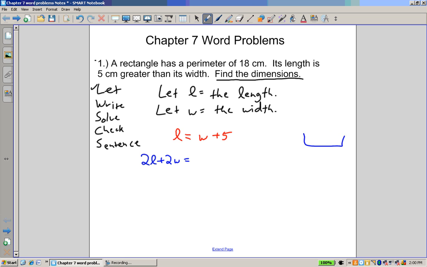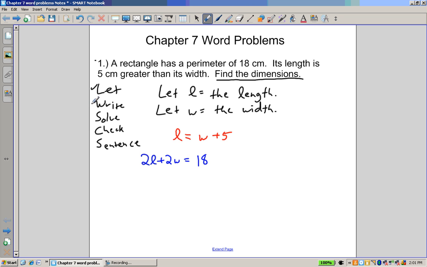If you think about the actual rectangle, two lengths plus two widths is going to give you the full perimeter. Normally it would be equals P, that'd be our perimeter. But we happen to know in this case that the perimeter is 18 centimeters. So that's my setup here. I'm ready to go.